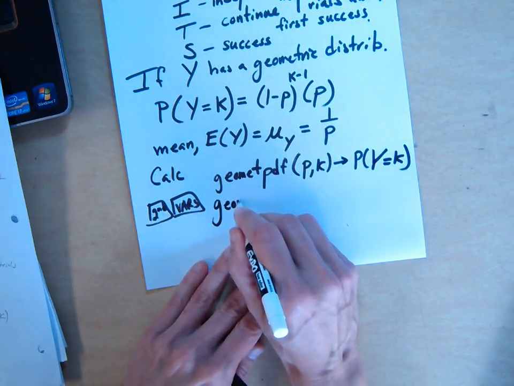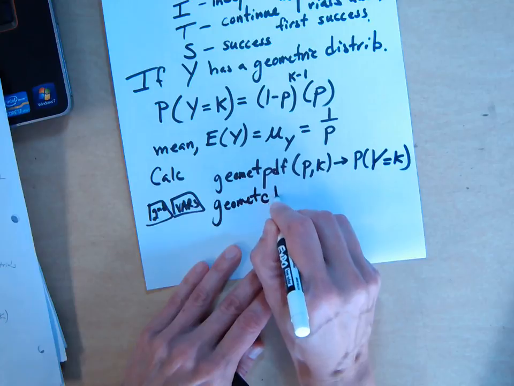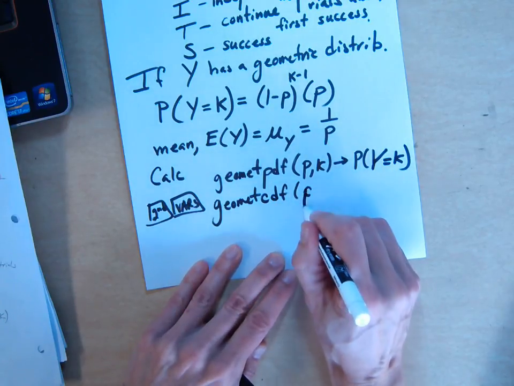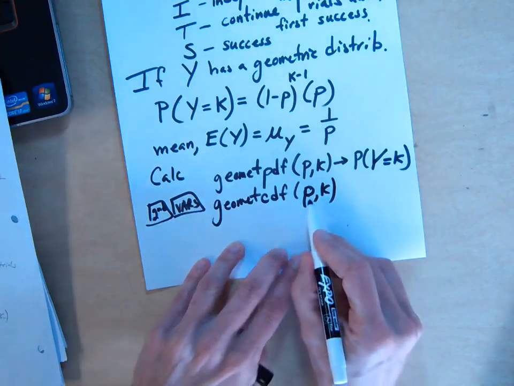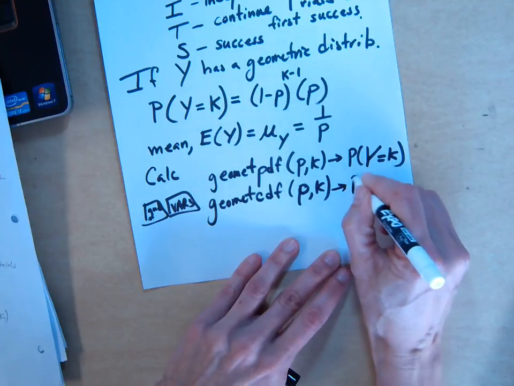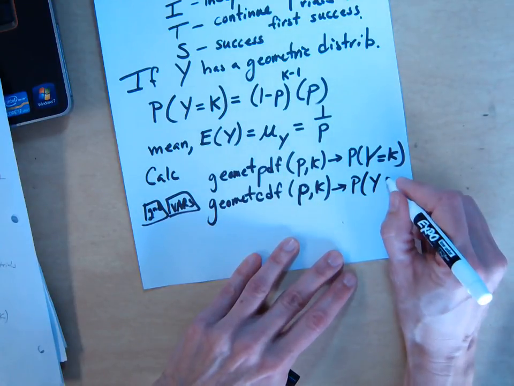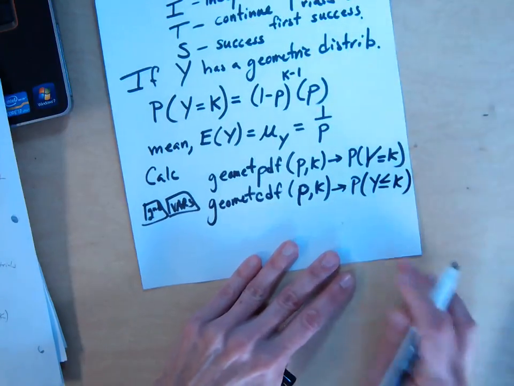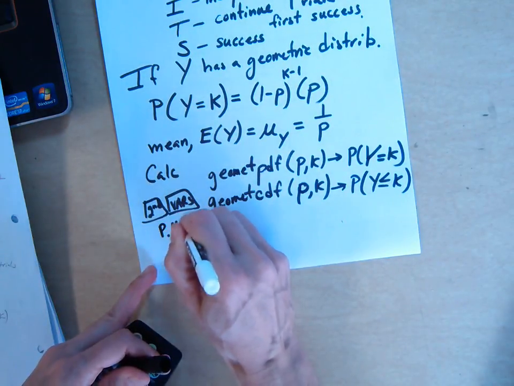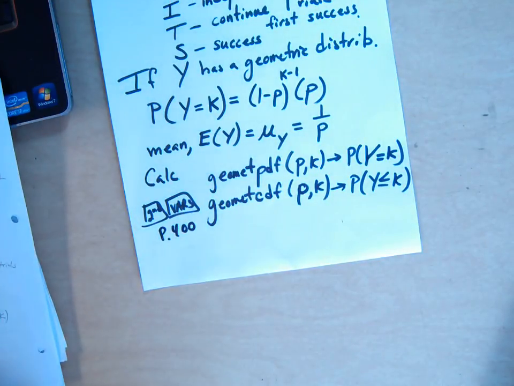And then of course there's geometcdf, which you still give it the same thing. p,k, p is the probability of success, k is when you want that success to happen. But this will give you the probability it happens in less than or equal to that many times. So it's totally parallel to binompdf and binomcdf. And that is on page 400 of your book if you want to look at the technology corner there.